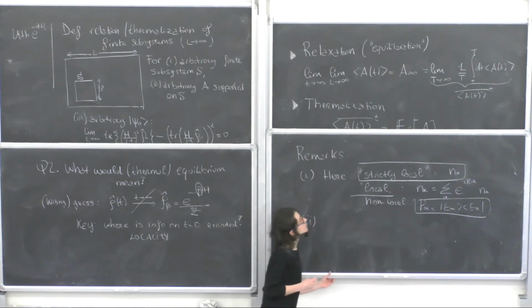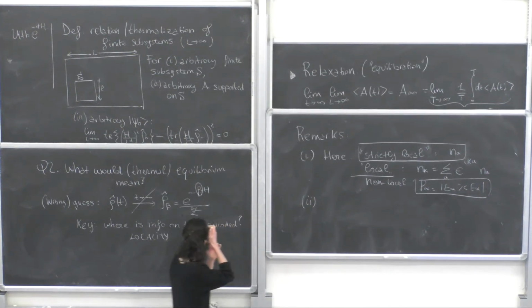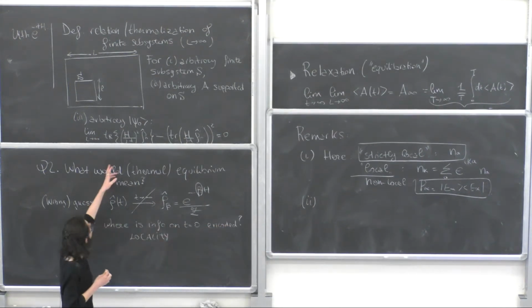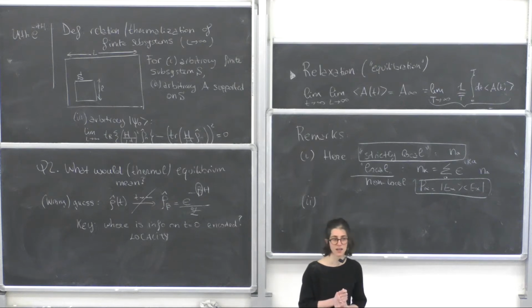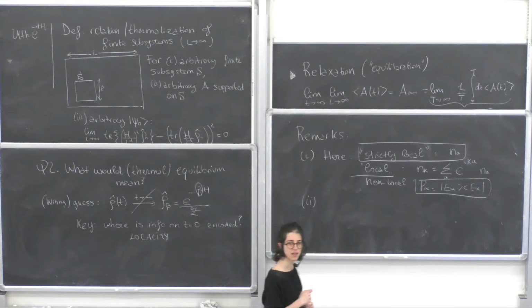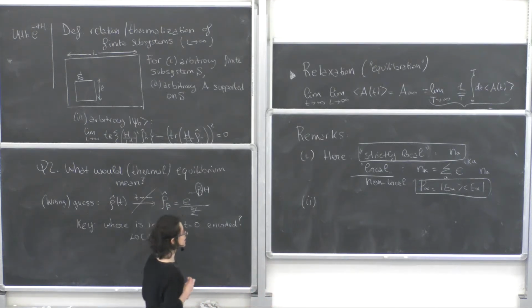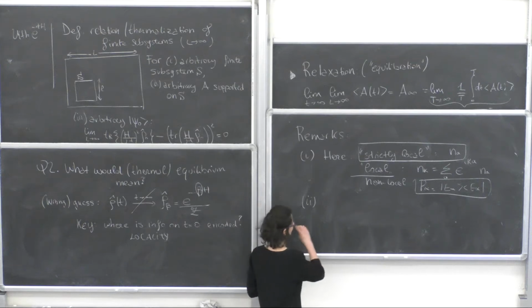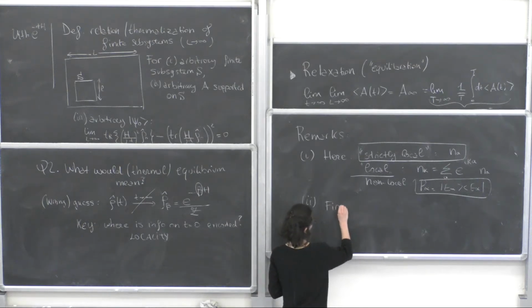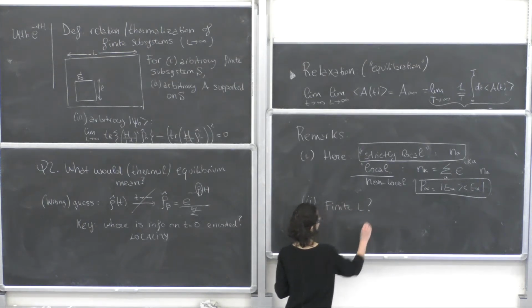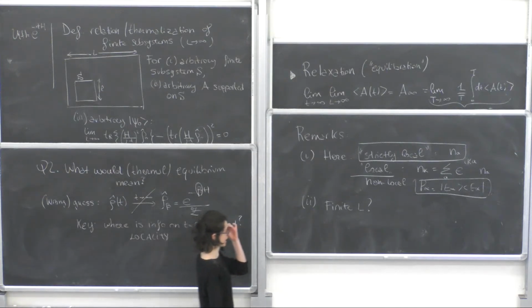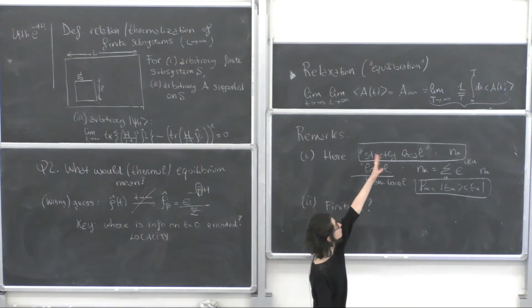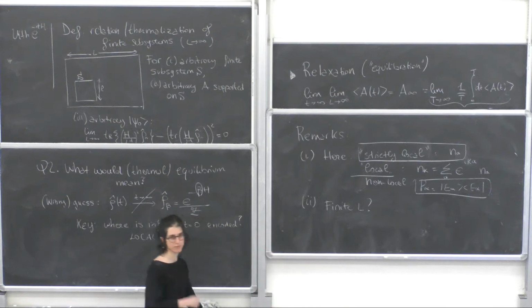Okay, so the second comment I wanted to make is about this idea that you have to take L going to infinity, or what happens for finite L. For finite L, we know that you cannot have such a convergence to a stationary value because you have quantum revivals.